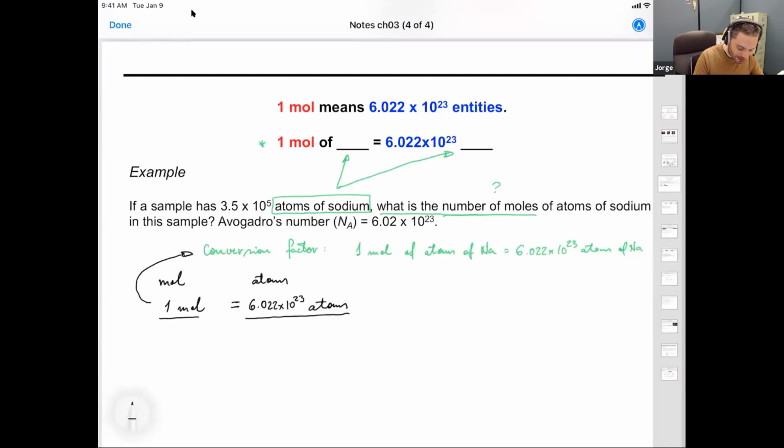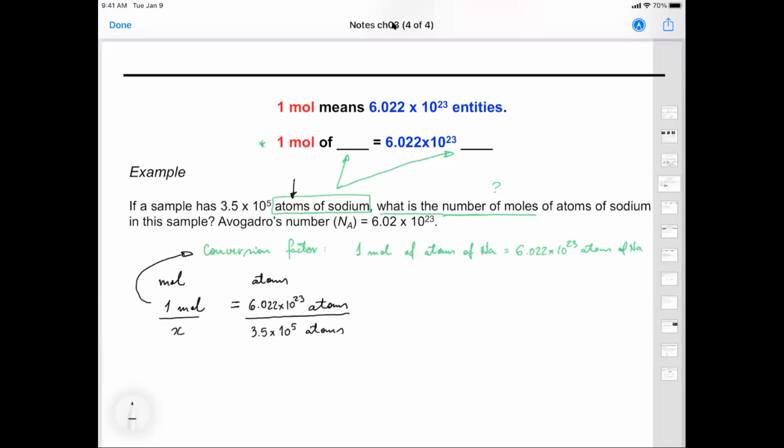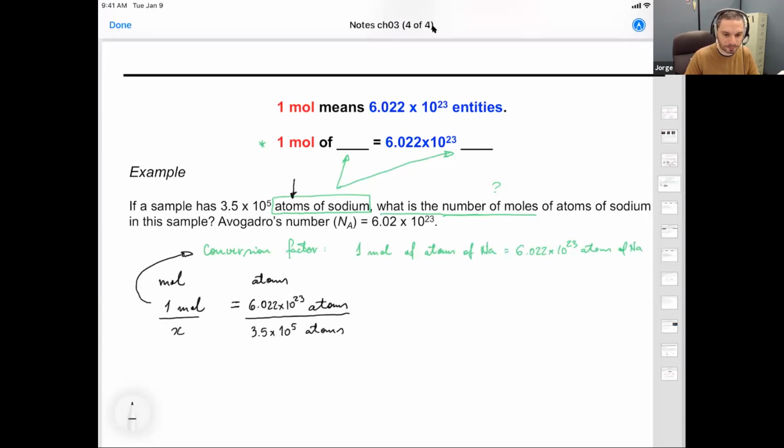The exercise is giving us the number of atoms. Attention here. Therefore, this value will go in the atoms column. 3.5 times 10 to the 5 atoms. And it's asking us what's the number of moles. So that's what we are looking for. The number of moles.